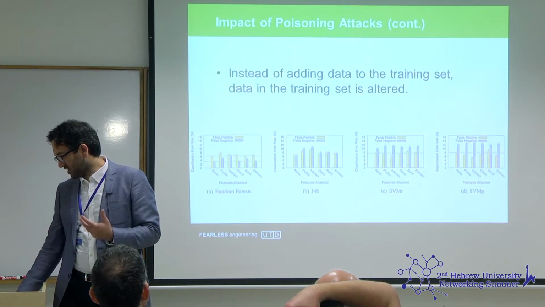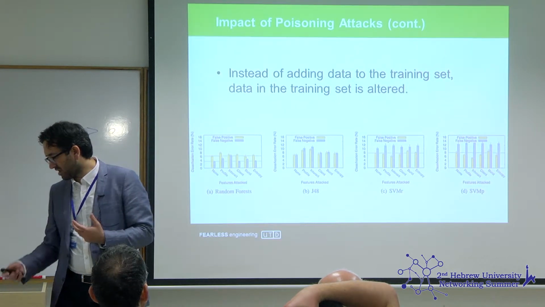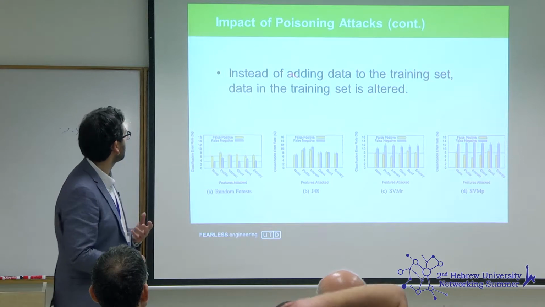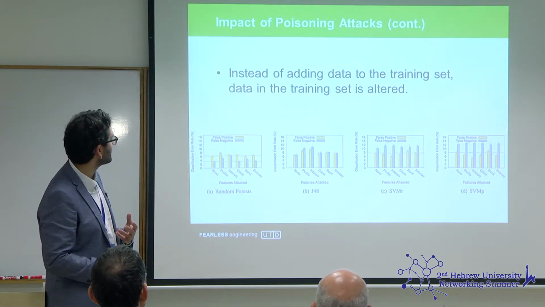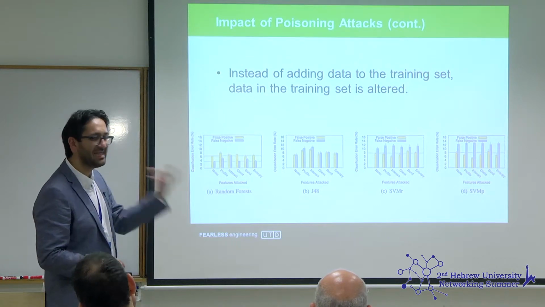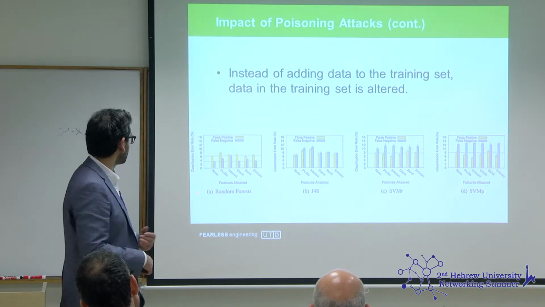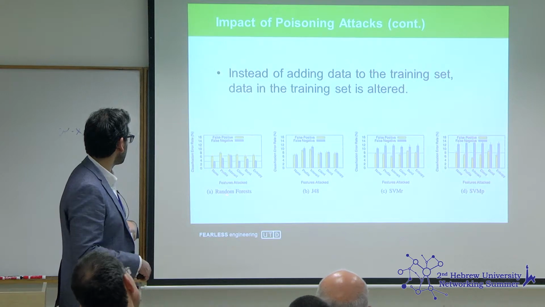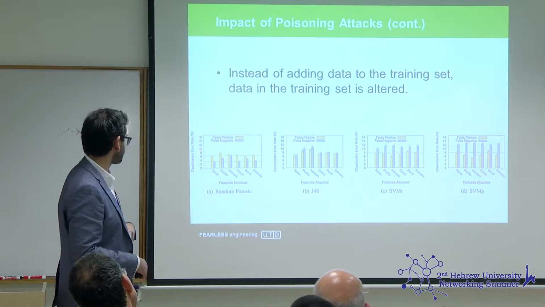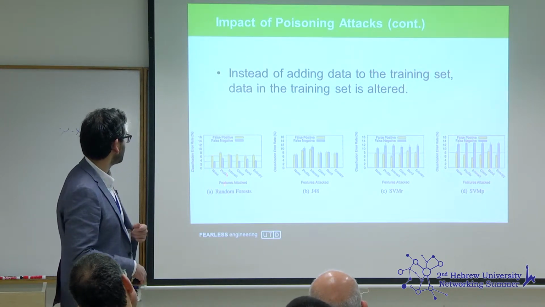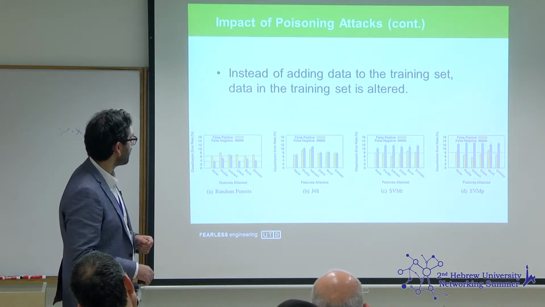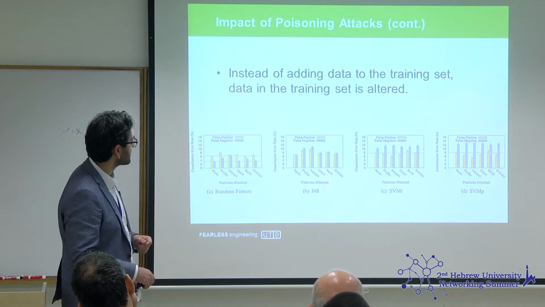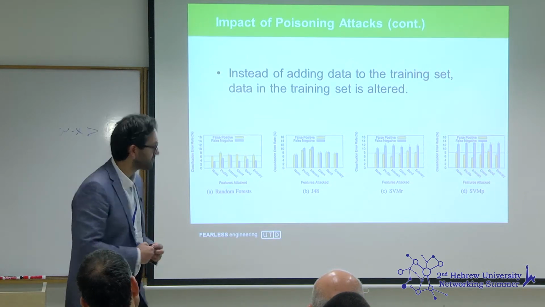I'll skip this one. Here, instead of adding data to the training set, they look at modifying the data in the training set. So in that scenario, they also show that they could increase the error rates for different profiles based on different types of feature selections.